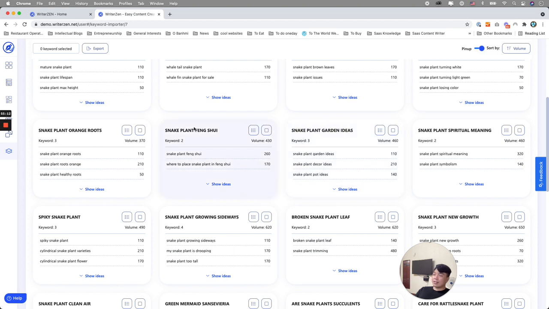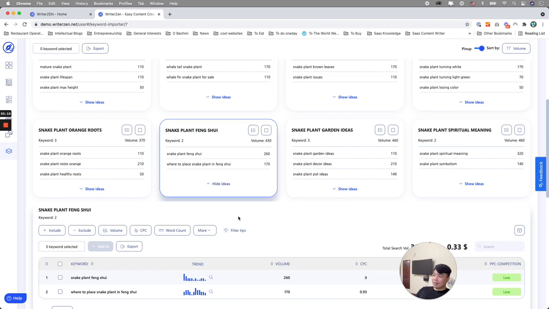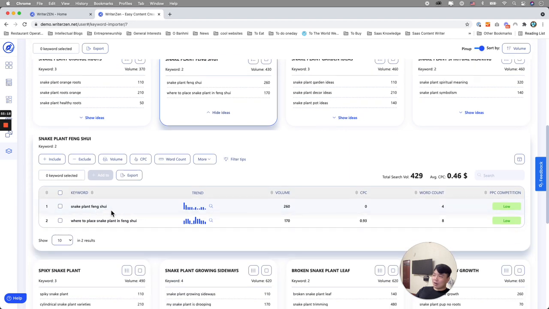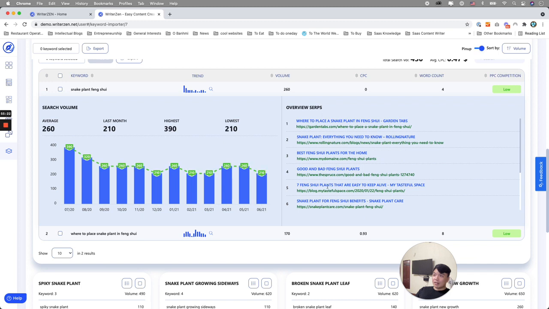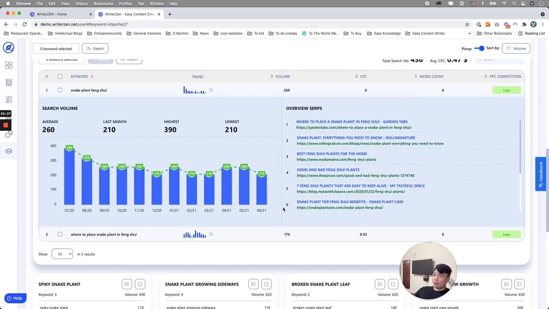Oh, you see, there's snake plant feng shui. Is that cool? You could literally see now this keyword that probably nobody was writing about, where to place in feng shui, everything you know. Do you see? There's only one guy that wrote about this snake plant feng shui. You literally can write one article and likely you could rank and get 210 organic traffic in your topic.